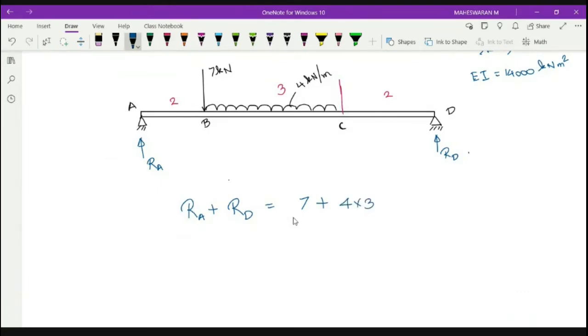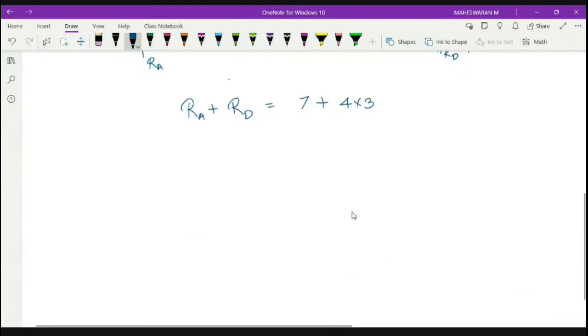You will get RA plus RD is equal to 12 plus 7, so totally 19. This is equation number 1.